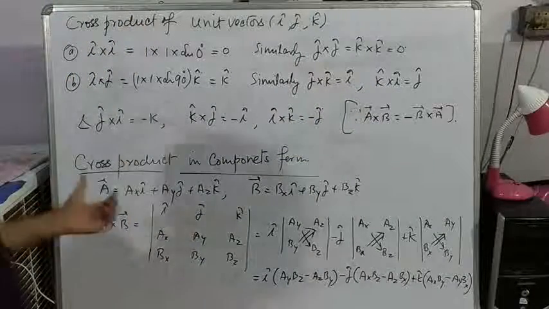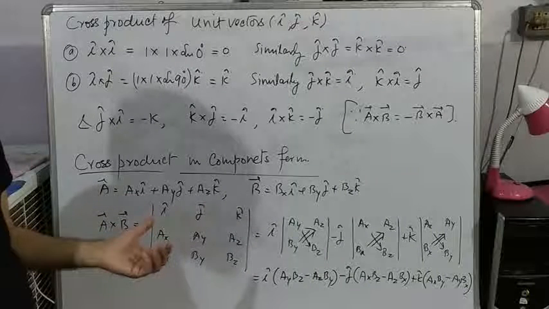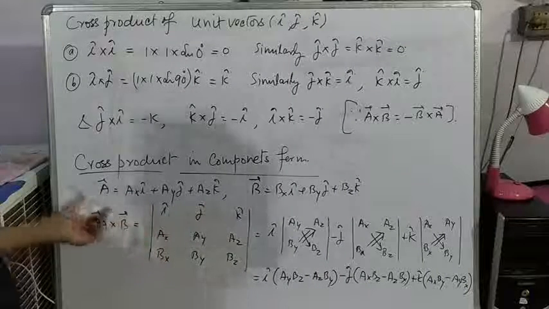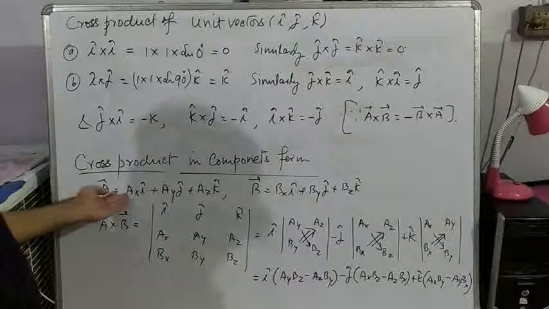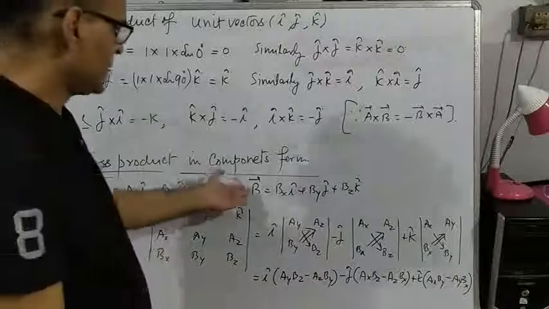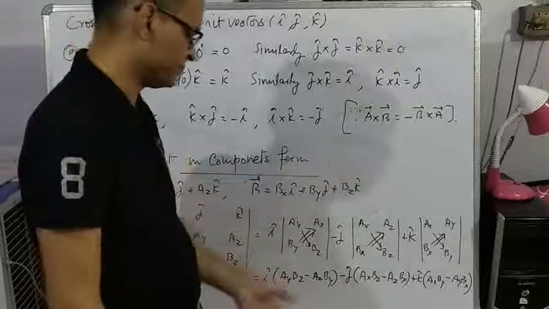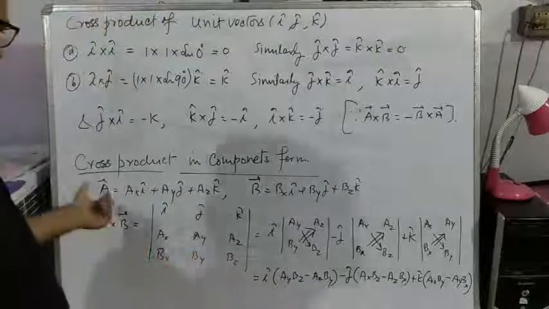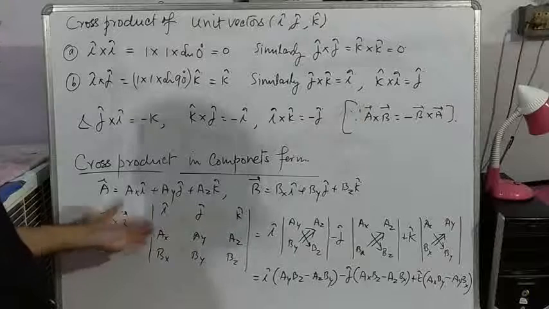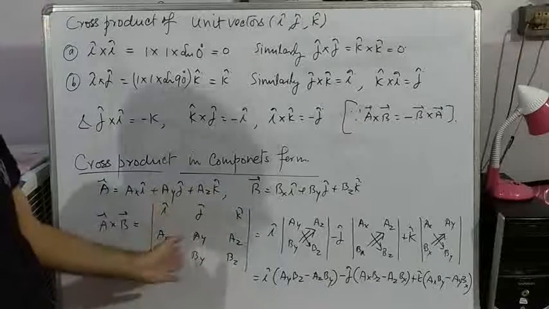Now suppose you want to know cross product of two vectors given in component forms. Suppose vector A is AX I plus AY J plus AZ K, B is equal to BX I, BY J and BZ K. So A cross B can be determined by determinant. This arrangement is called determinant.